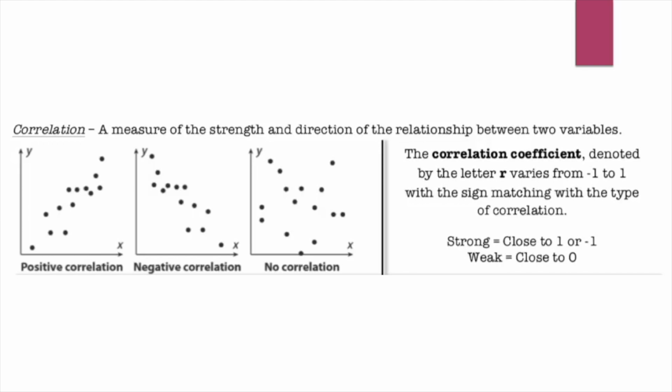So if you think about a number line, -1, 0, 1, then the closer the number is to -1, it's a negative correlation. The closer it is to 1, which is the other side of the number line, that would be a positive correlation, and that's strong on those two sides. But if it's close to 0 in the middle, then that would be a weak correlation.